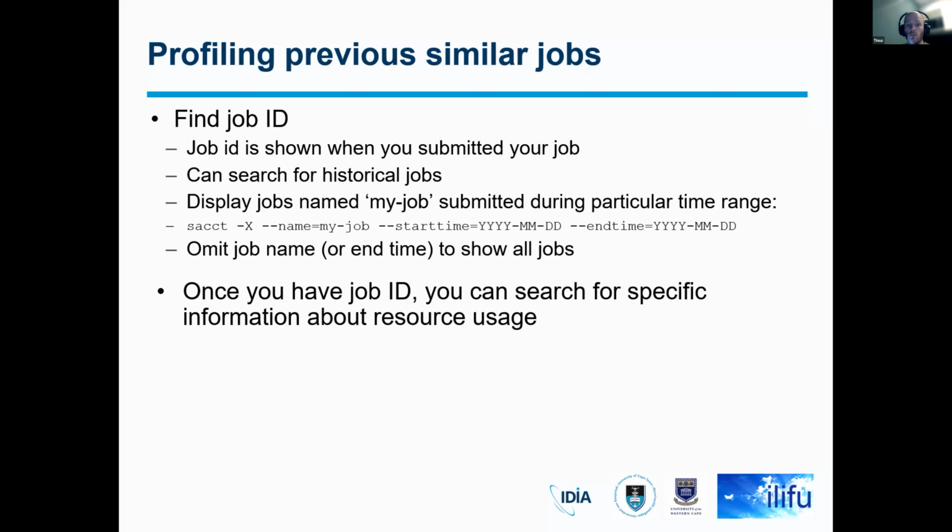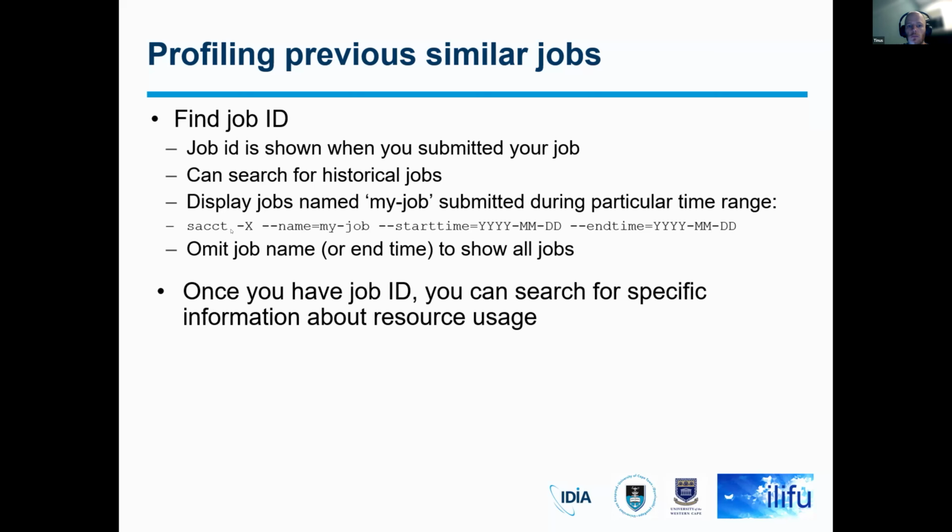You can search through the historical jobs by using the ACCT or ACE Accounting Slurm tool. The useful parameter to know here is --name. You can use --name equals and then the name of your actual job that was submitted to get a listing of all those previous jobs.